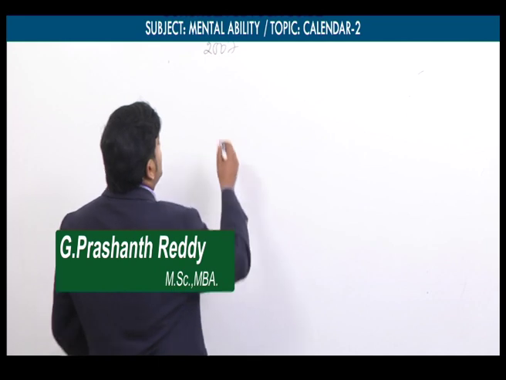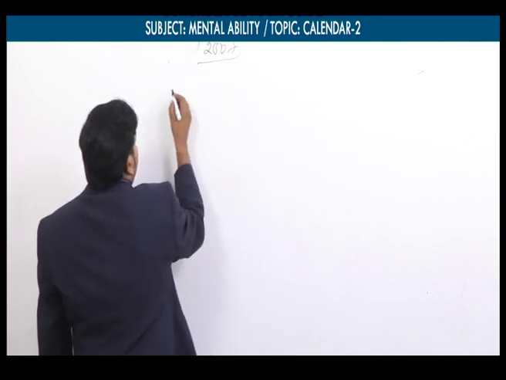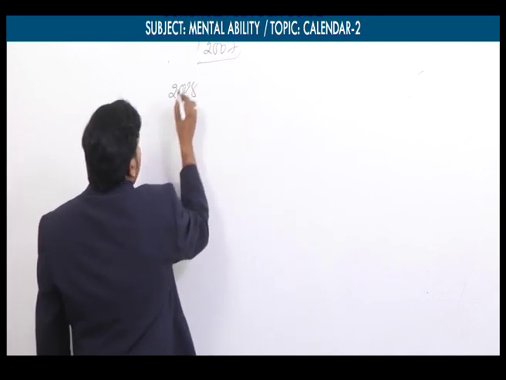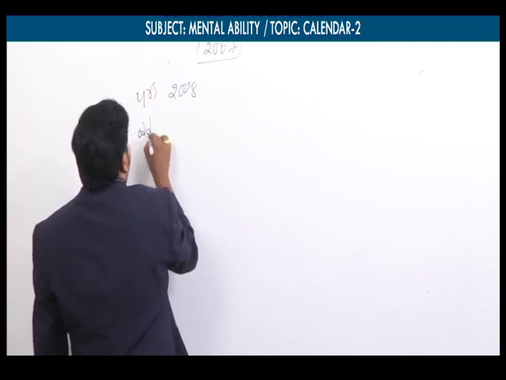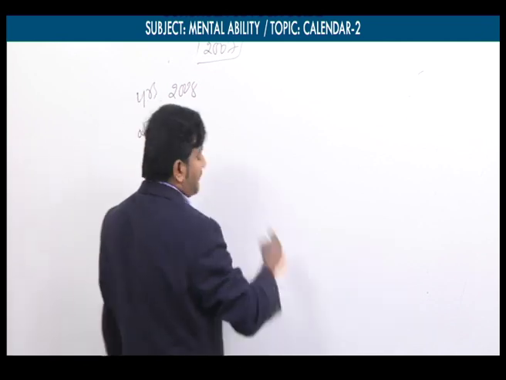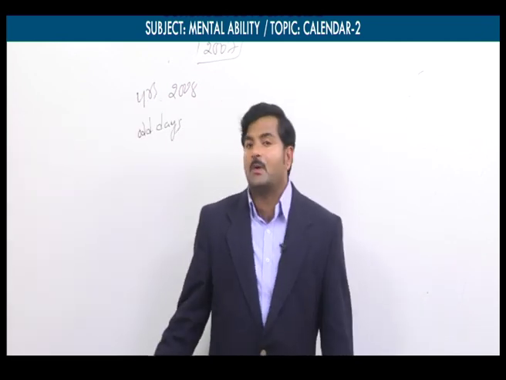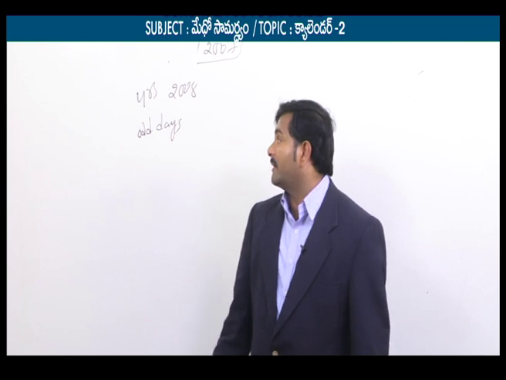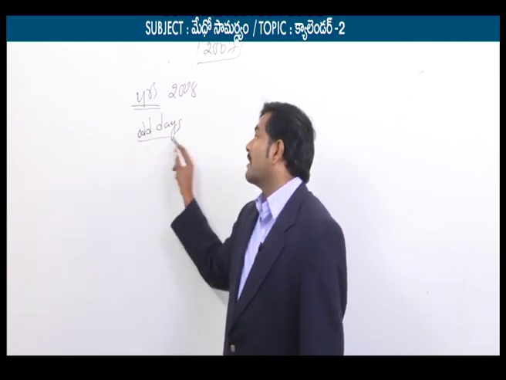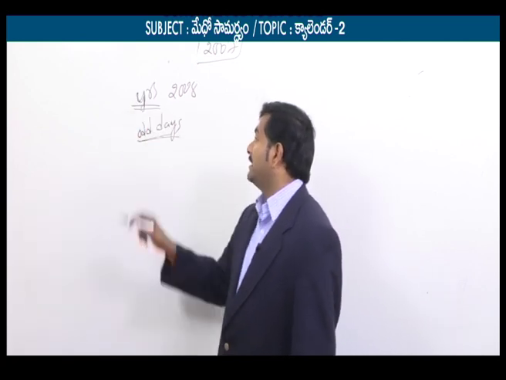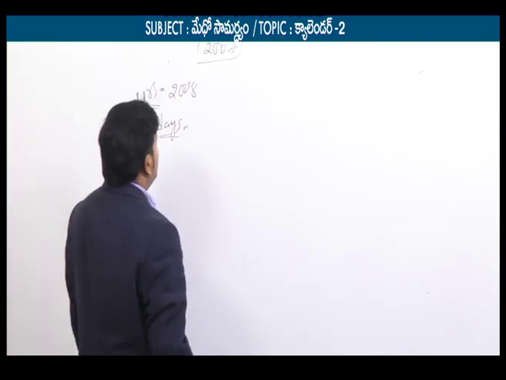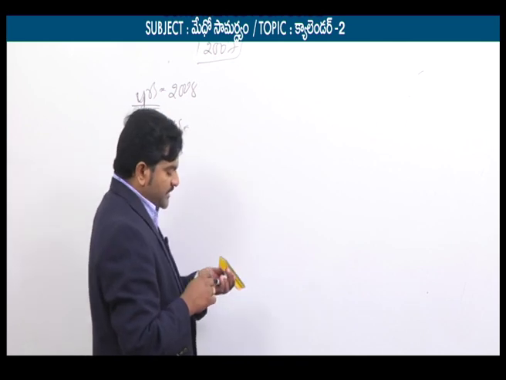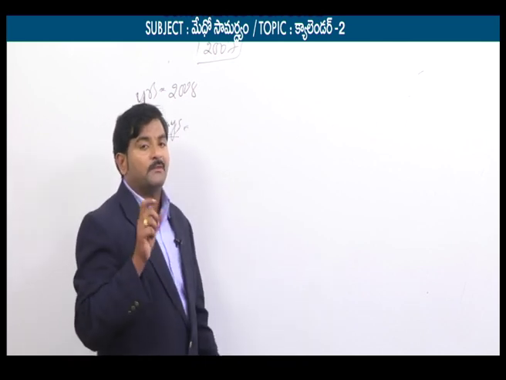That's why, since he asked to find 2007, I am taking 2008. So here I am taking the number of years on one side and odd days on the other. ఒకవైపు నెంబర్ ఆఫ్ ఇయర్స్, ఇంకోవైపు అదనపు రోజులు అన్నాం, odd days అన్నాం. And in session 1 I hope you remember I told one more point.